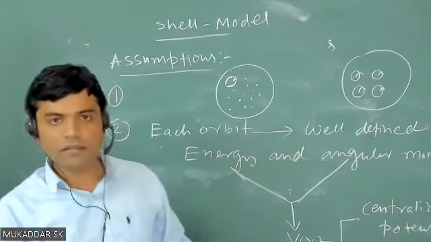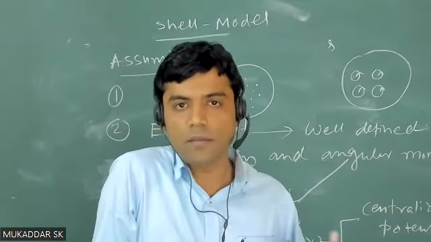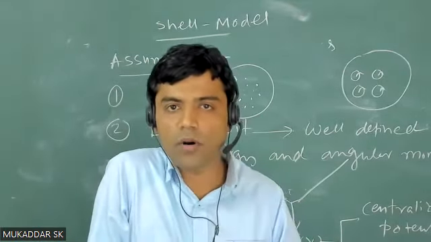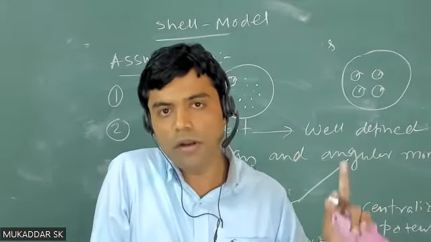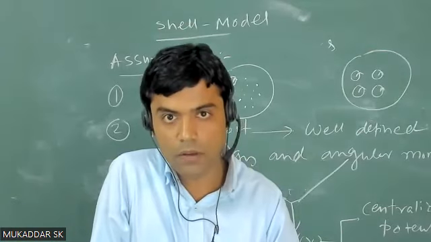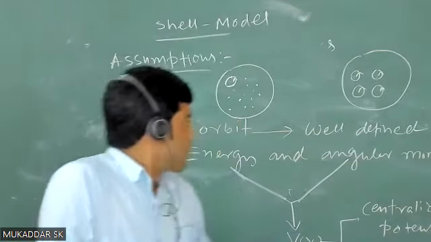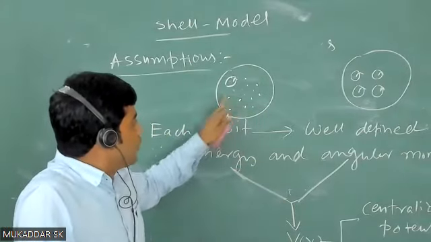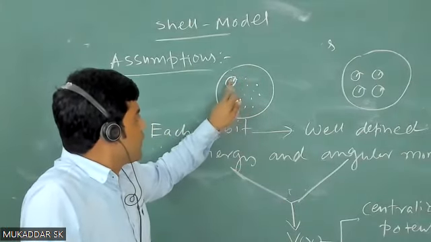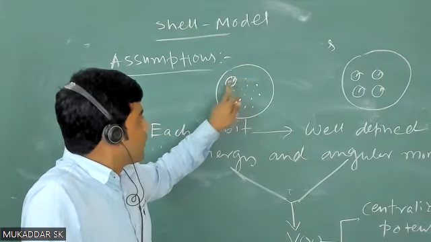So centralized potential doesn't mean that your nuclear potential is a central potential. Nuclear potential will never be a central potential. The central potential means the average effect of the other nucleons. You are not focusing on any particular nucleon interaction.